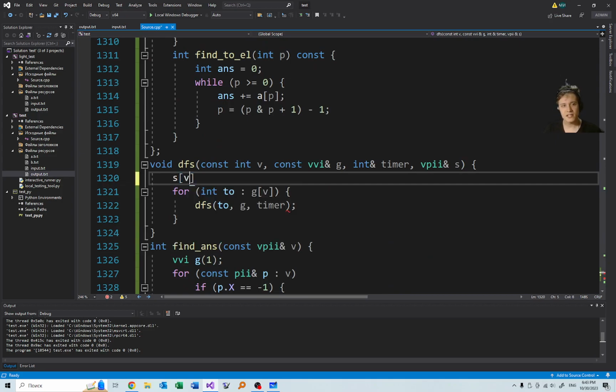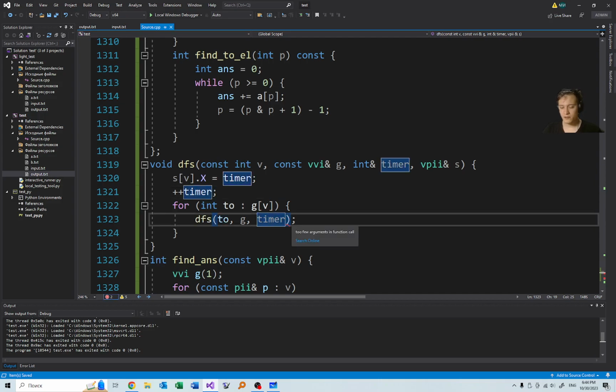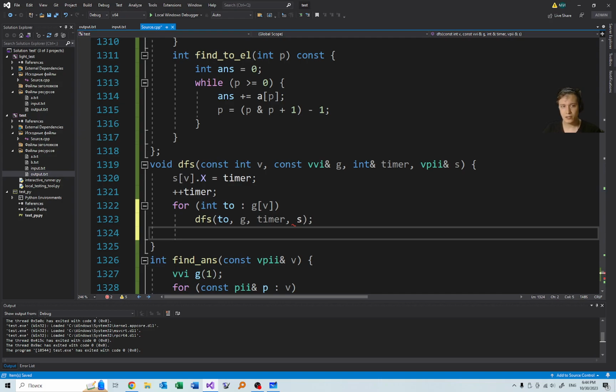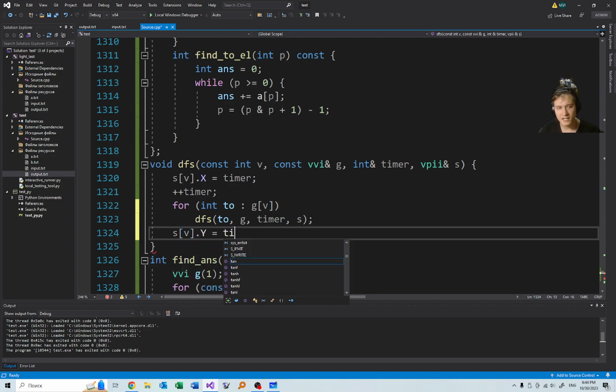So we say that s[v] started at moment timer. Then we increase our timer. Then we do the recursion. And finally, we know where our subtree ended. It ended again at timer.